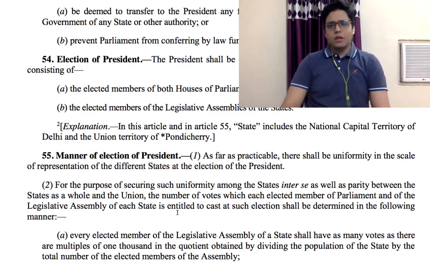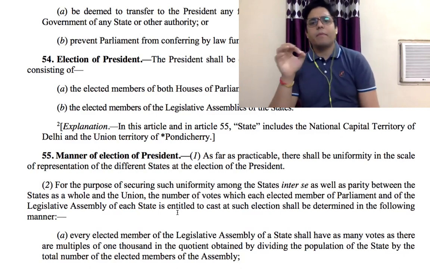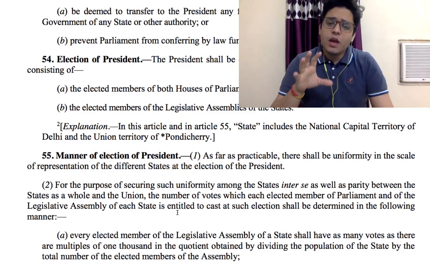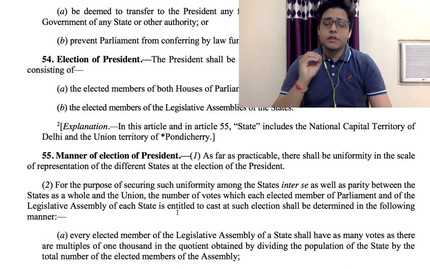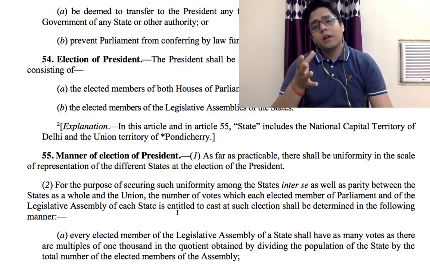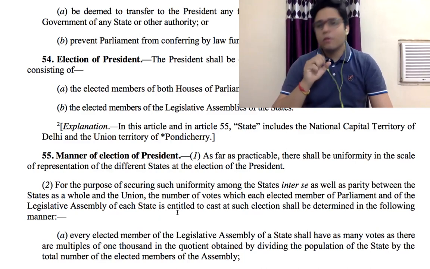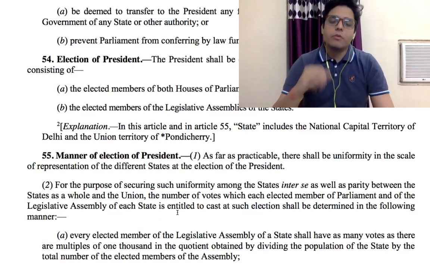What it simply means is that a particular assembly may have many seats in its legislative assembly, though it has very little population. On the other side, there may be states having very few members in their legislative assembly, though the population is huge.